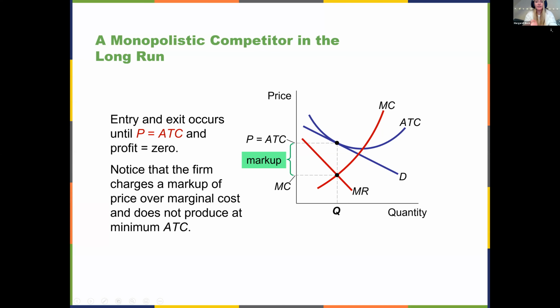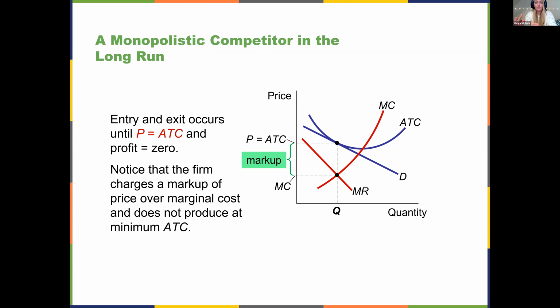However, there is one key difference between the monopolistic competitor in the long run and perfect competition in the long run. And that is when the monopolistic competition market reaches its long run equilibrium, like is shown in this picture, we can see that the price that the monopolistic competitor reaches in the long run is going to be slightly higher than what the price would be in the long run for perfect competition.